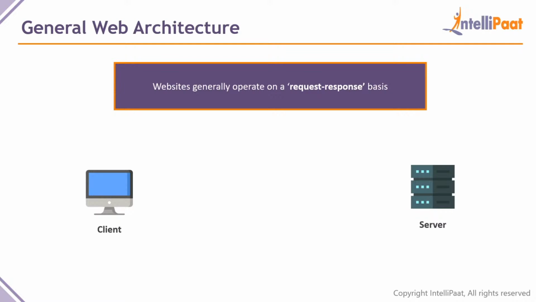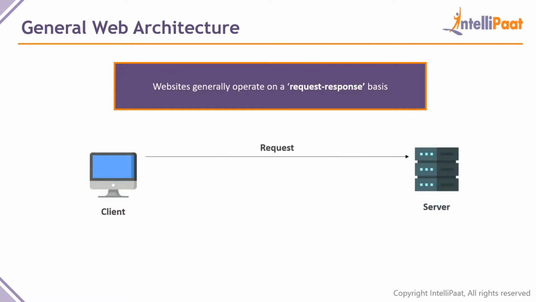The first thing you would do is look at the various options available to you on the website. Say you want to evaluate a mathematical equation. You will enter your parameters for that mathematical equation and click on submit, saying yes, I want the answer to this particular equation. That process of submitting is called a request.